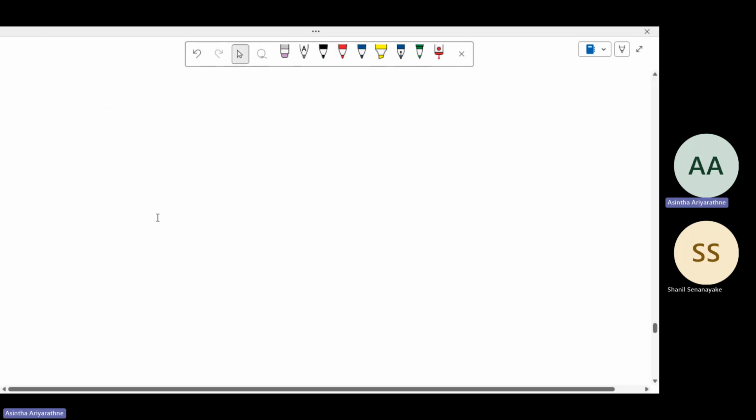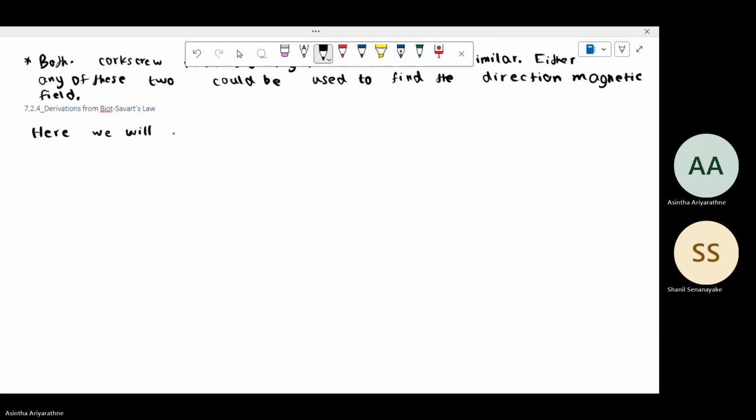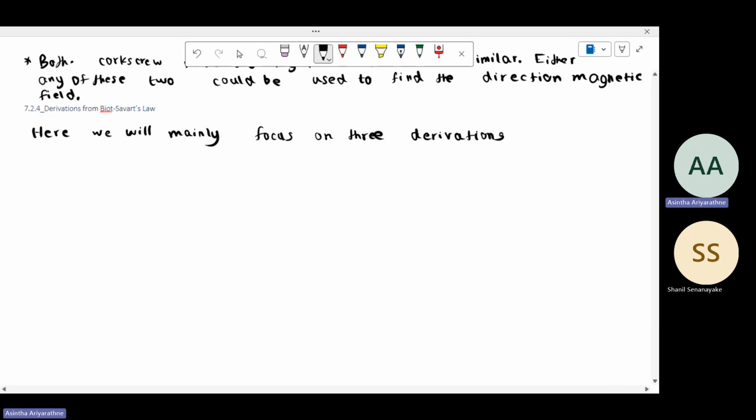So we are going to find three derivations. Here we will mainly focus on three derivations from Biot-Savart law.